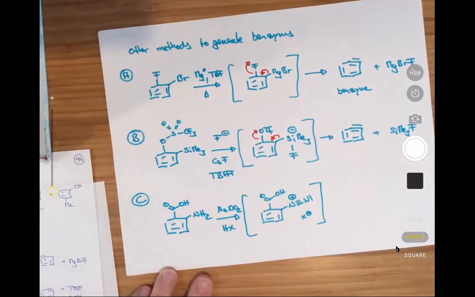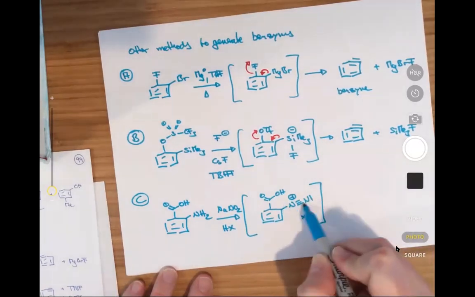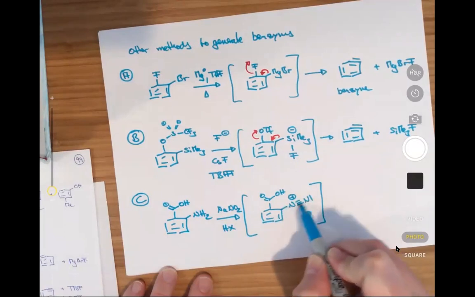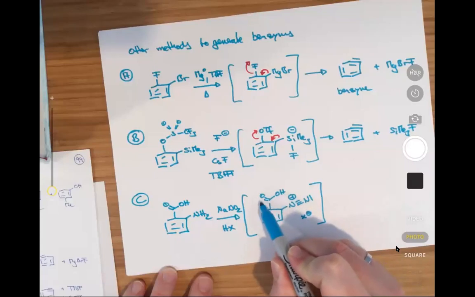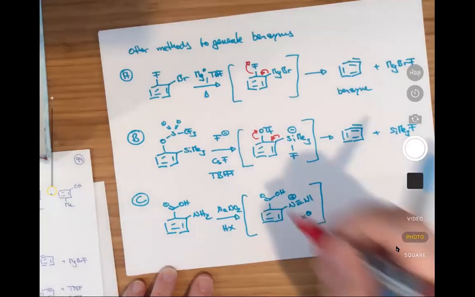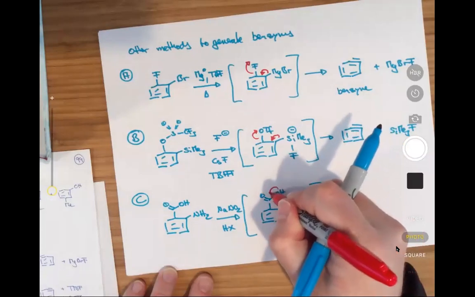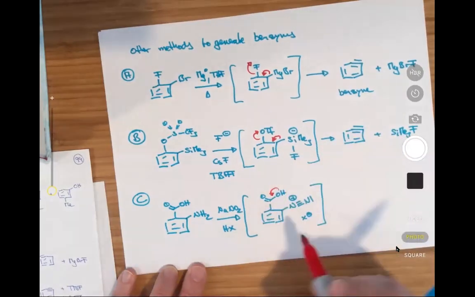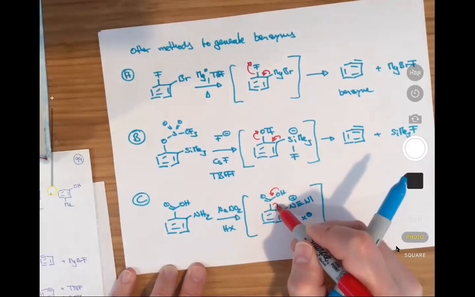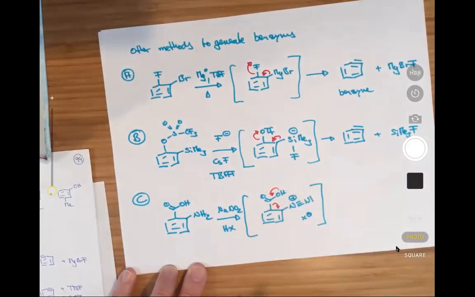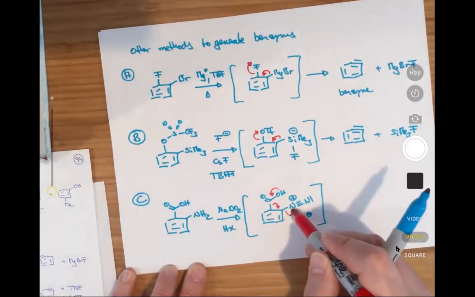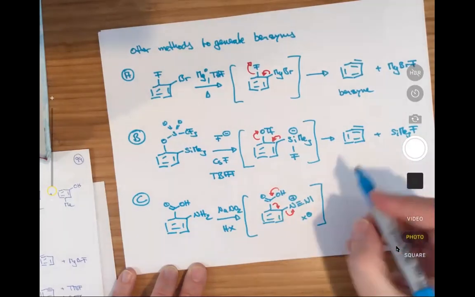And from here again, we know that this nitrogen is a fantastic leaving group, and we can cleave this part here essentially as CO2. So pushing the electrons in from here cleaves off a proton. Then we can push these electrons into the triple bond, and we can take these electrons and push them out towards the nitrogen.